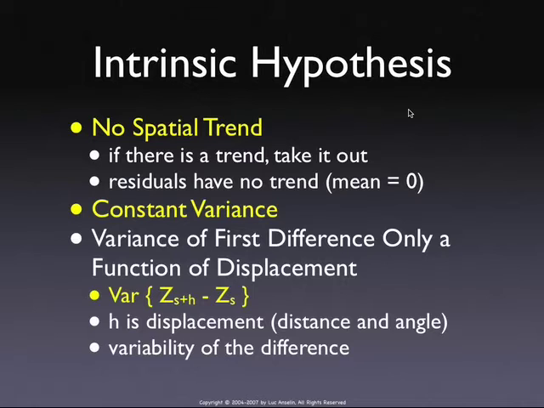But the point of departure in geostatistics is this weird thing, which is the variance of the first difference at different locations. So what is the difference between Z(s+h) and Z(s) on average? Come on. 0, right?